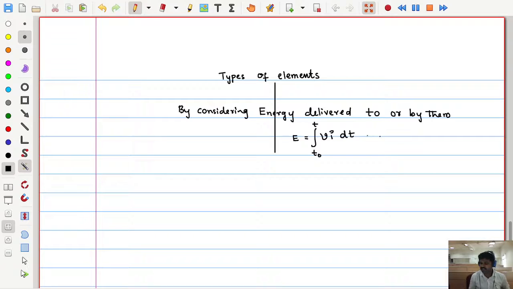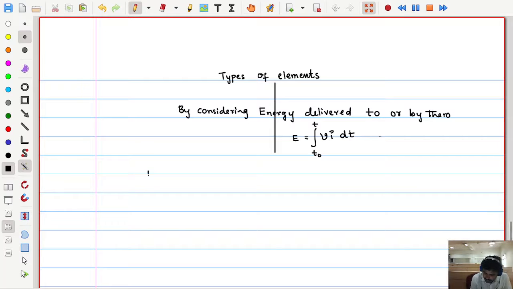But usually, based on this consideration, whether energy is delivered to an element or delivered by it itself, we will define whether elements are of these categories.